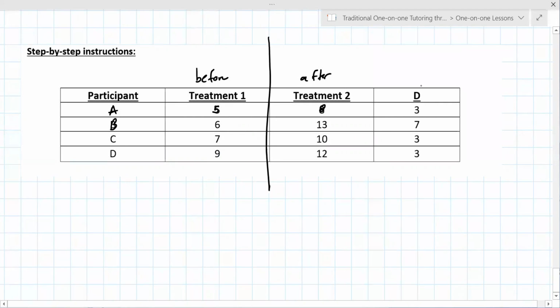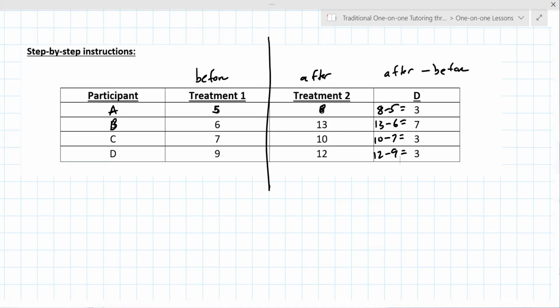This D bar is after minus before. So really it's 8 minus 5, 13 minus 6, 10 minus 7, 12 minus 9. Why do you need that?